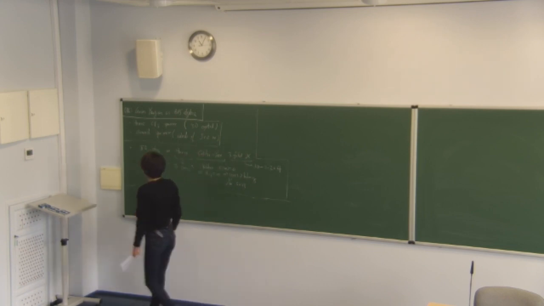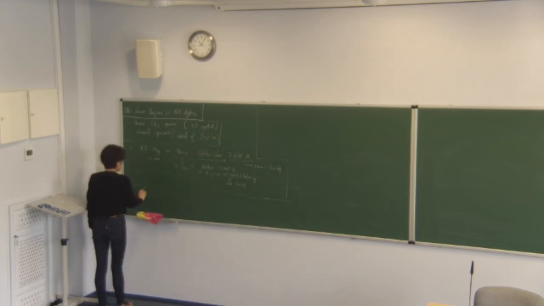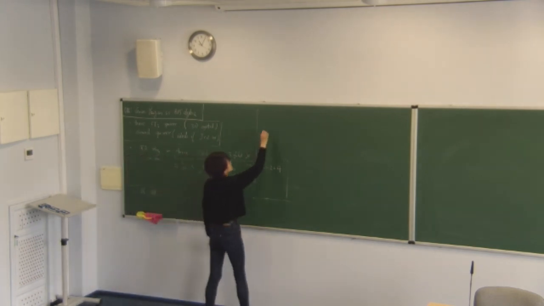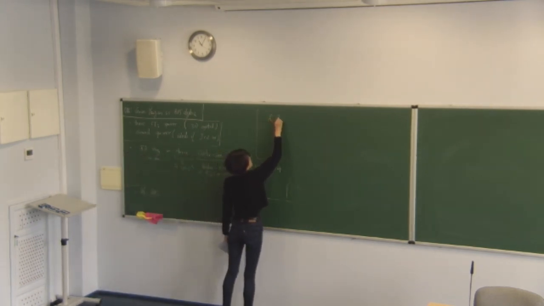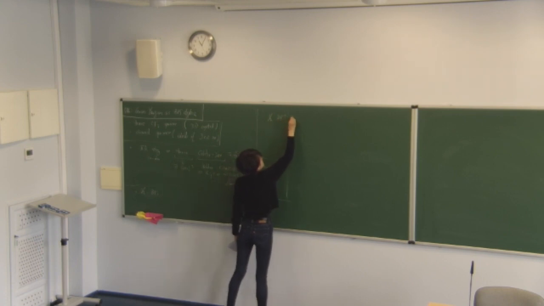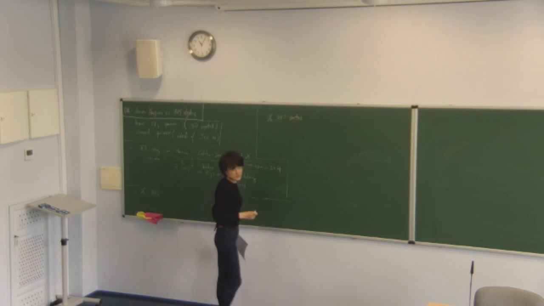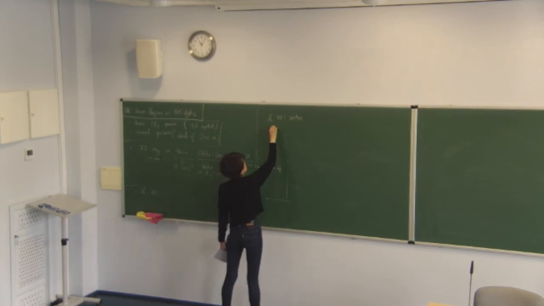Now we want to look at the half BPS sector of this theory. The half BPS sector is given by the D-brane bound states.